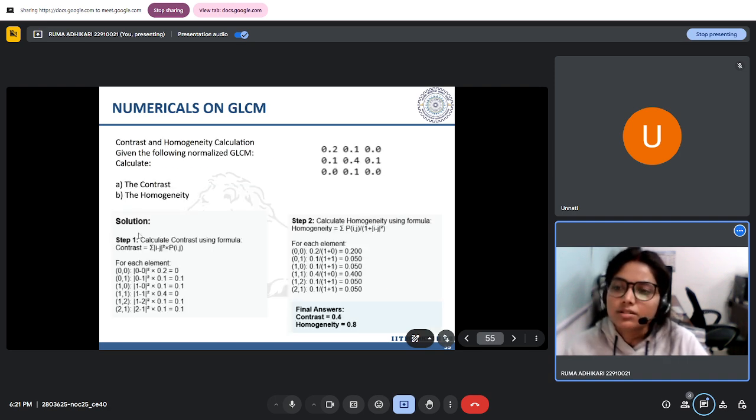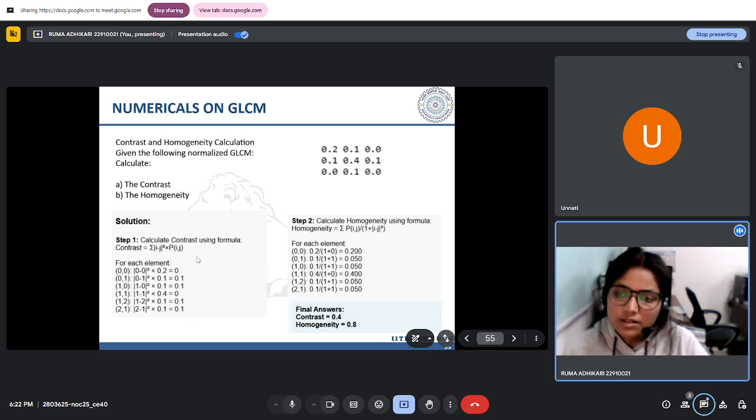Another very important thing is contrast and homogeneity. The matrix given is a 3 cross 3 matrix. Now how to calculate contrast? For 0 0, these are the positions in the matrix, the 0 0 is this one. So at 0 0, the positional difference, 0 minus 0, multiplied by the respective value.